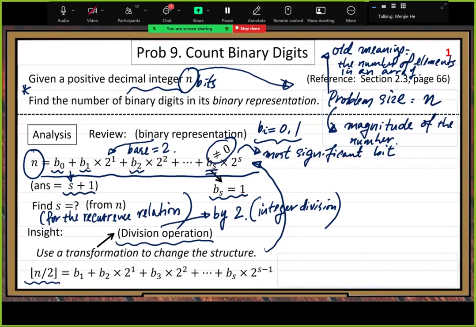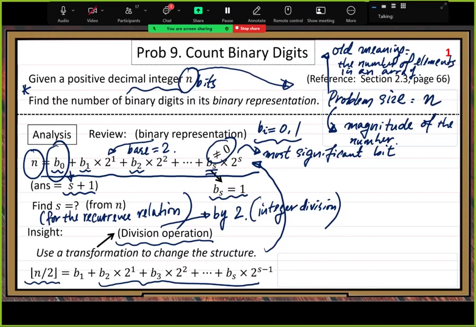Right-hand side. Only the first term, B0, when you do division by 2, that may result in the fractional part. And all the remaining terms, when you do division by 2 operation, they all have integer results.